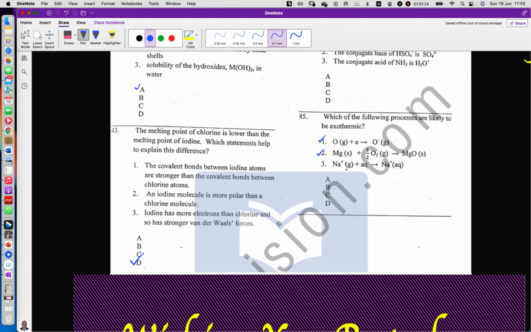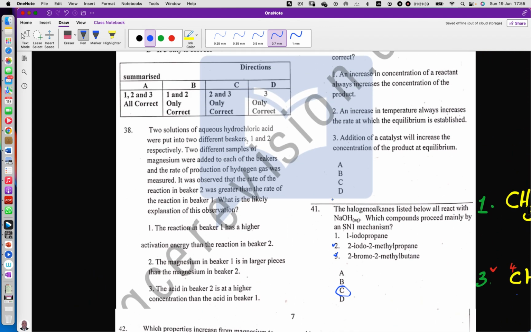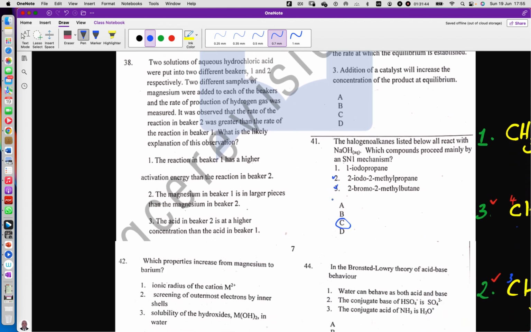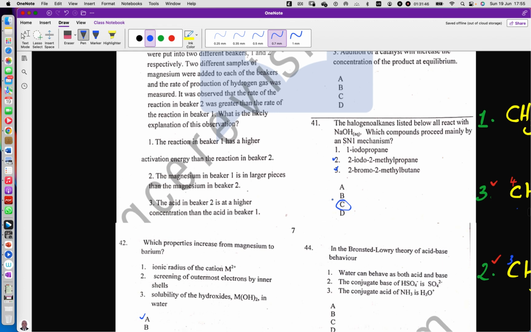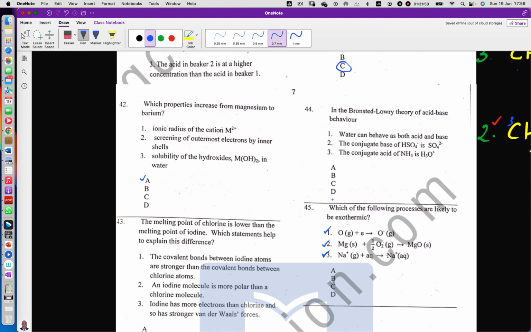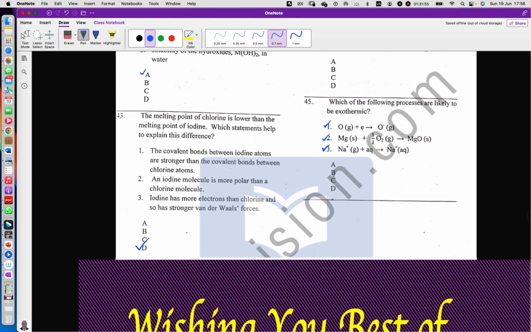Heat is being released to the surroundings. So that is an exothermic reaction. So 1, 2, 3 are all exothermic reactions, and our answer for question number 45 will be A.